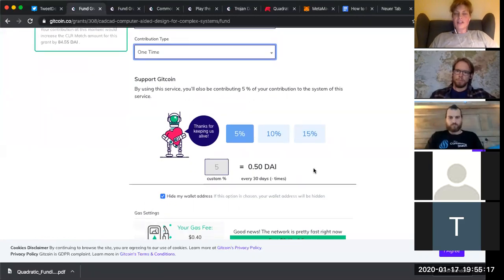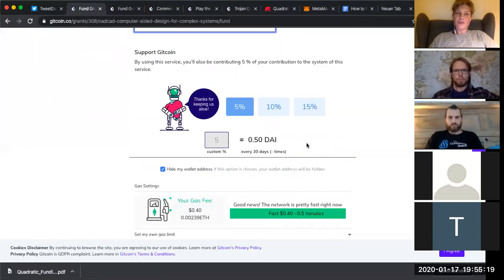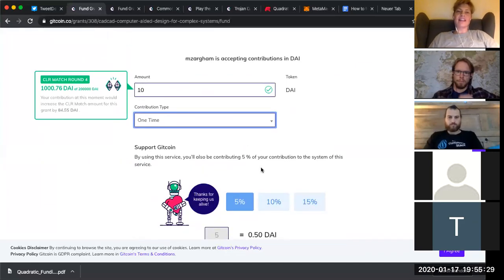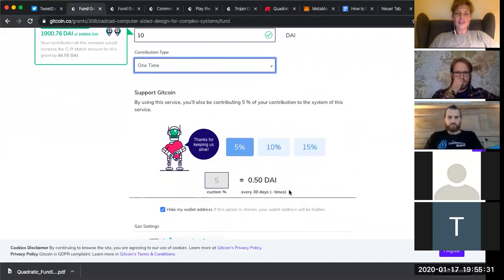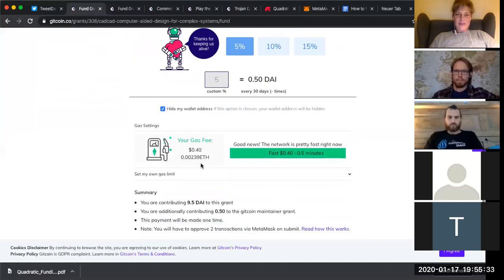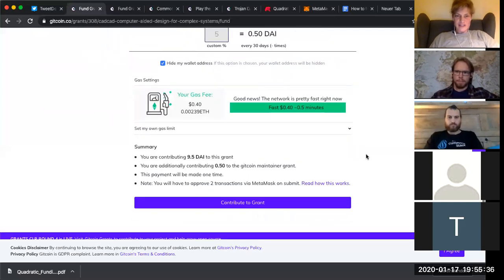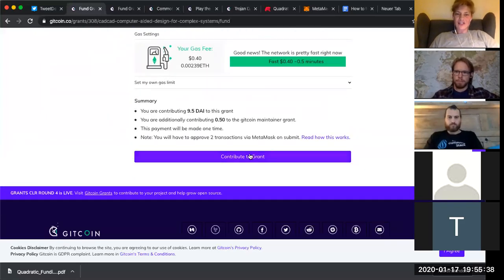This is additional information on how much you want to add as support to Gitcoin, or it's a share basically. So 5% of those 10 DAI will go to Gitcoin. Then you choose the gas fee and just push contribute to grant.